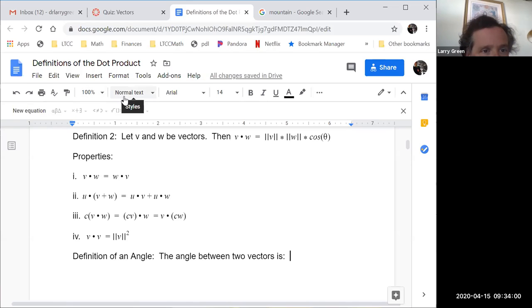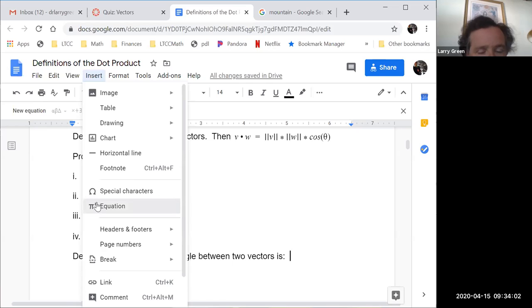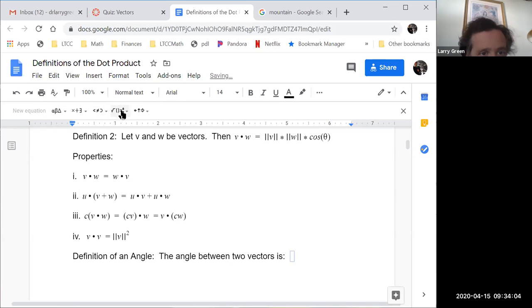So I need an equation and I need a division. So we go ahead and look at definition 2.